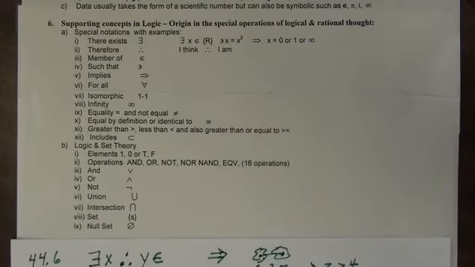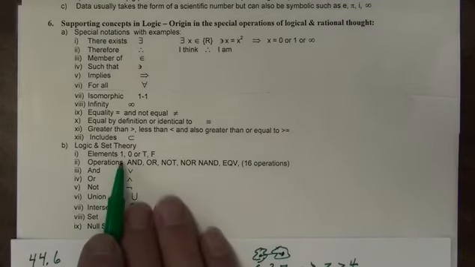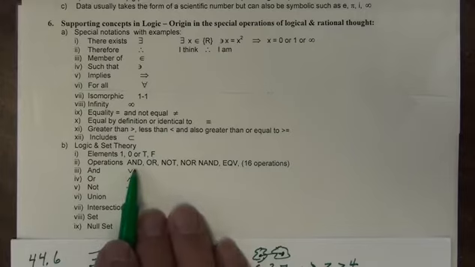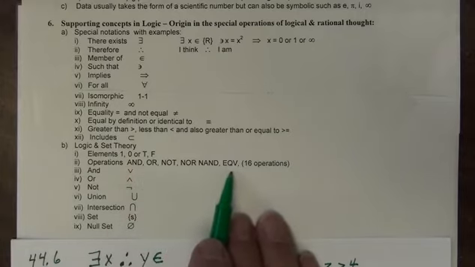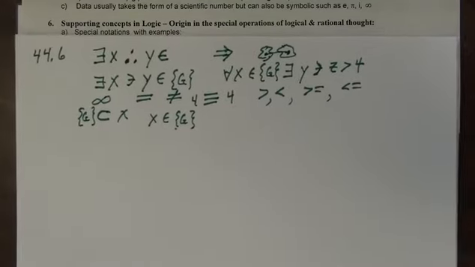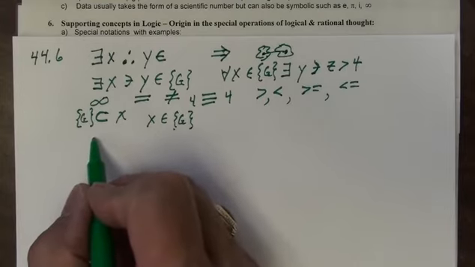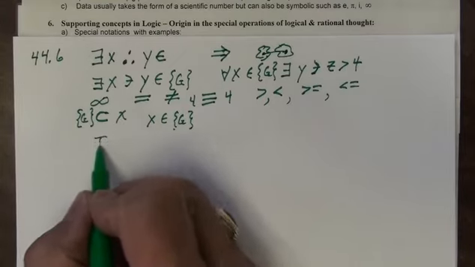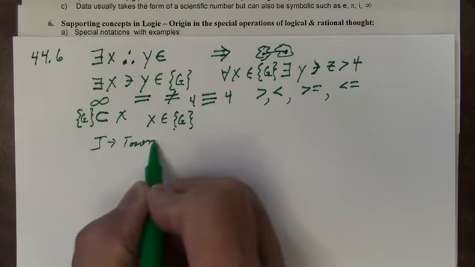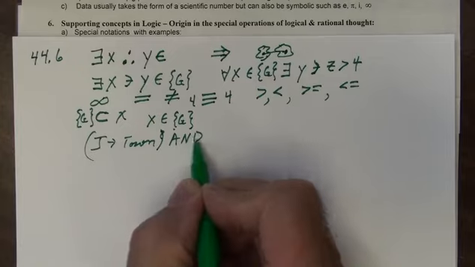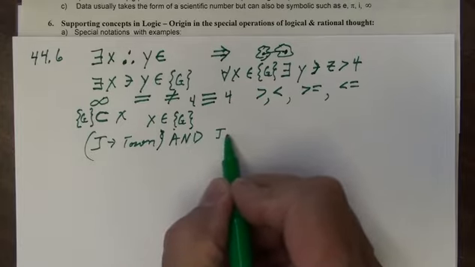Now let's look at some of the logic or set theory elements. You're familiar with the elements 1 and 0, or equivalently true and false. The operations and, or, not, nor, NAND, equivalent, there are actually 16 logic operations. You know what I mean when I say Jack went to town and Jill went to town.